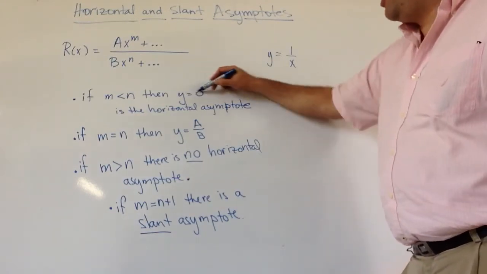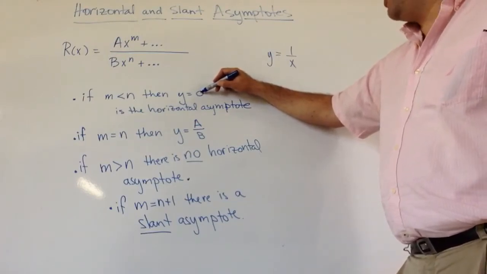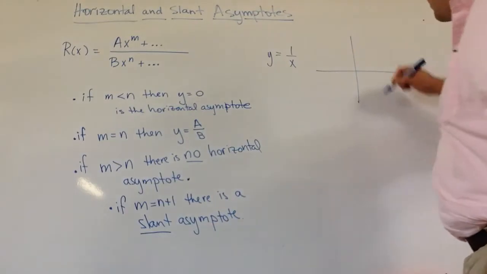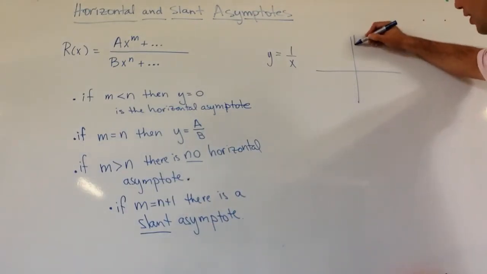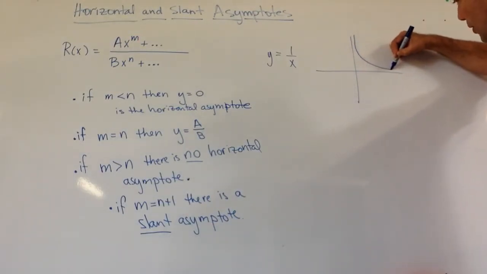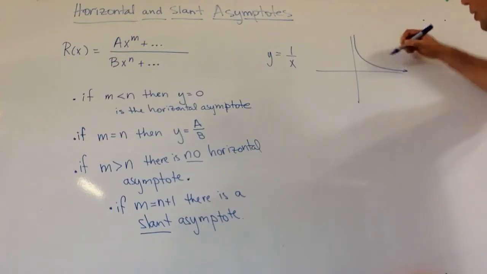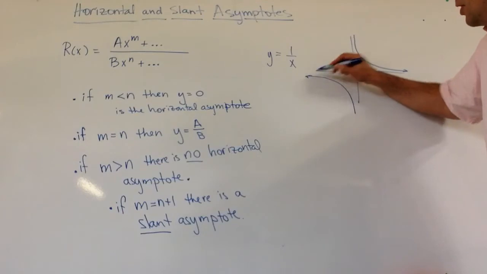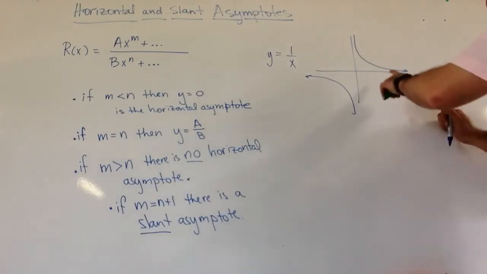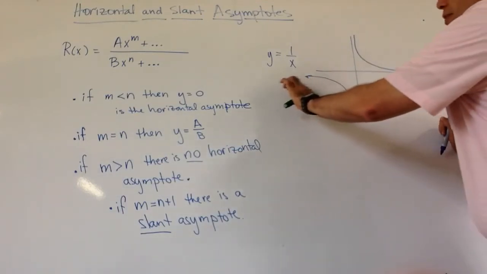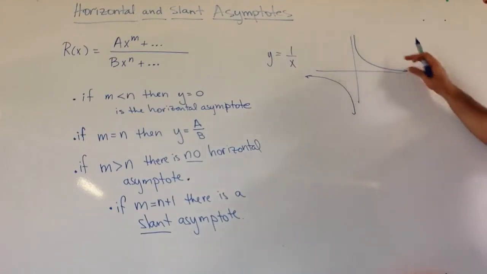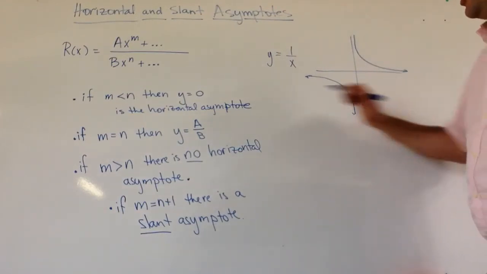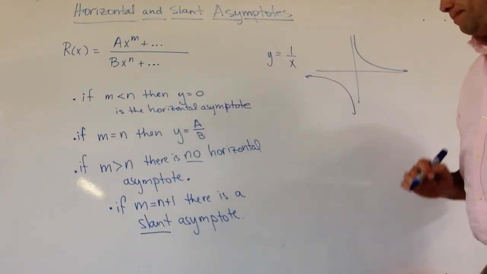So the line y equals 0 is the horizontal asymptote. It does have a vertical asymptote, but we're not dealing with that anymore. As we go farther to the right or farther to the left, the graph gets closer and closer to the x-axis, which is the line y equals 0.